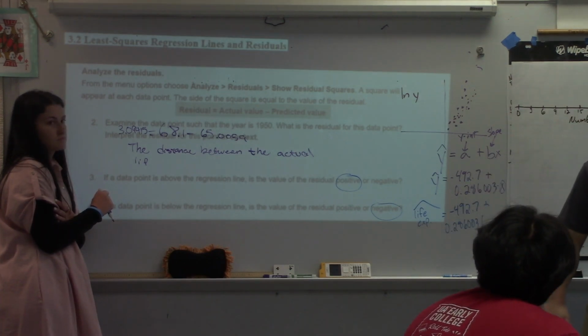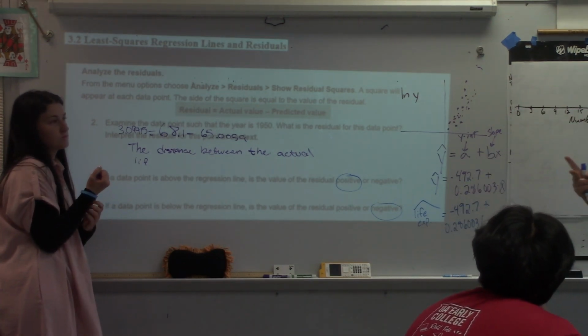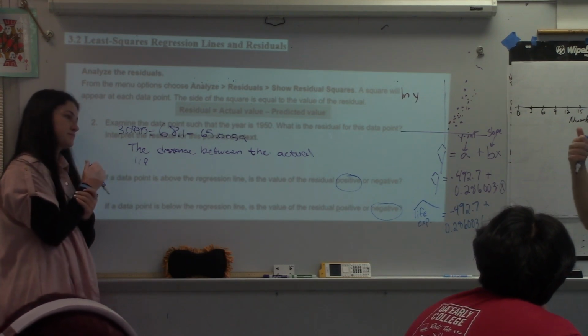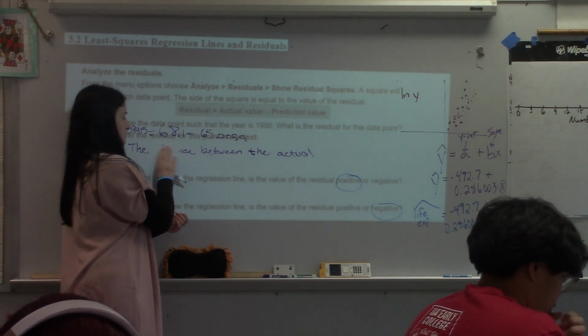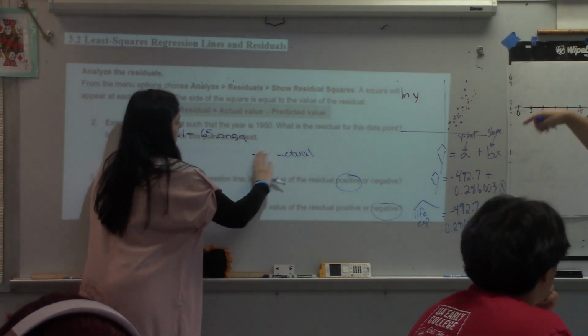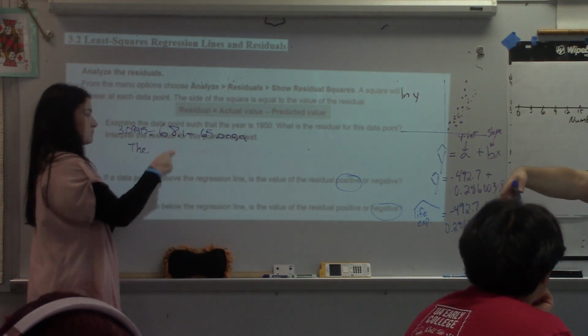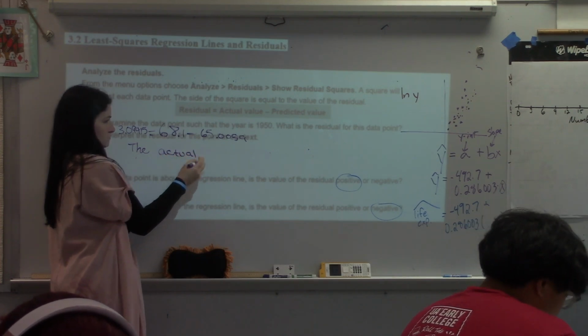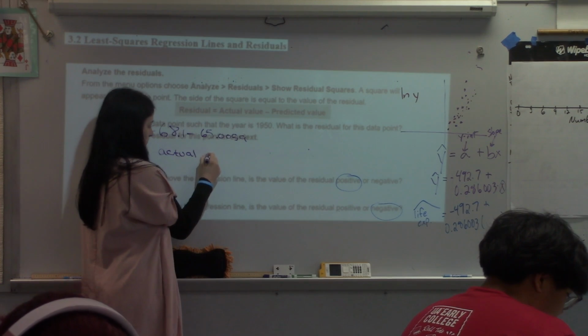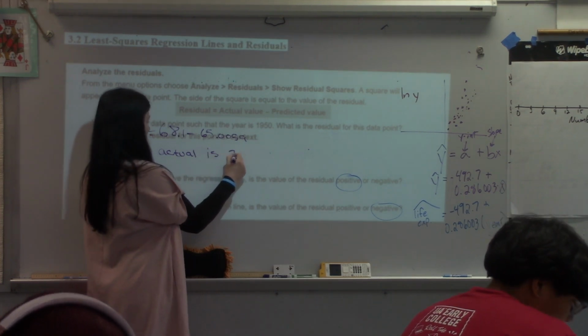It's above the line. So there's two ways you can interpret it. You could say that the actual life expectancy, in context, is 3.09 years more than predicted, or the predicted is 3.09 years less than the actual. But notice it's comparing the actual and the predicted.